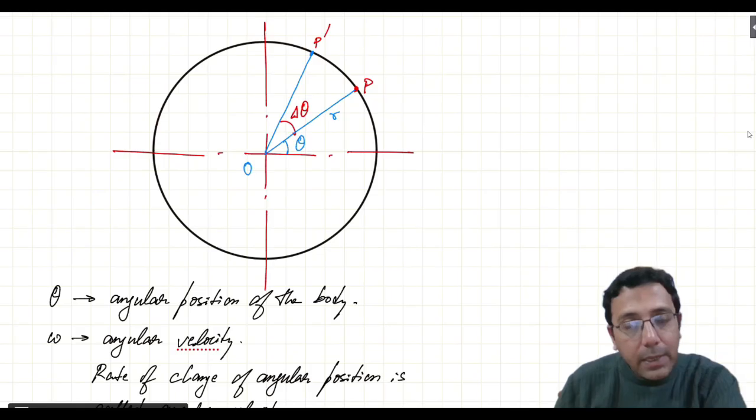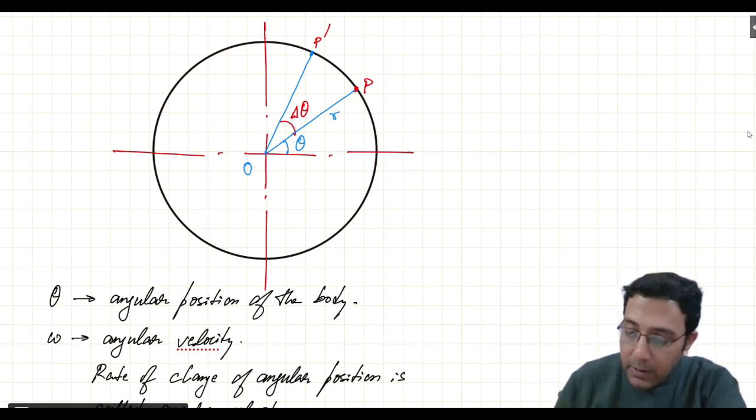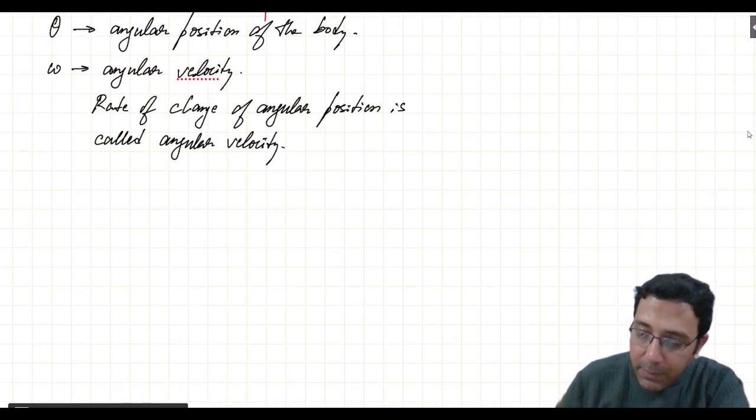If you see the diagram, initially the position was P at an angle theta. Now it has changed to P dash. It has traveled theta plus delta theta. So what is the rate of change of angular position?